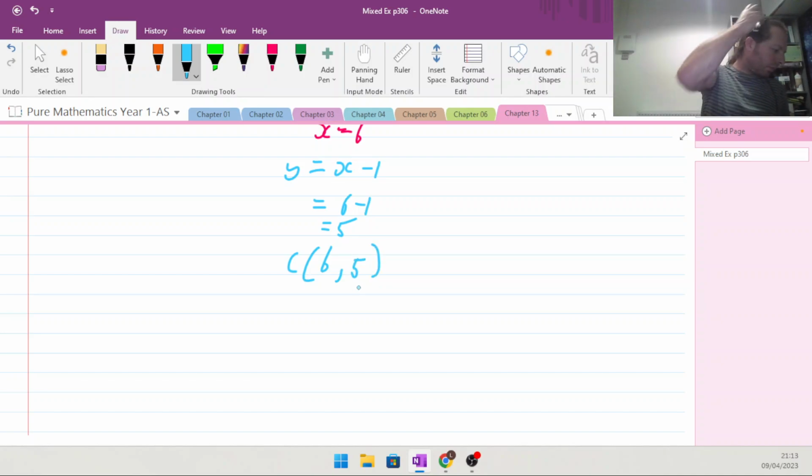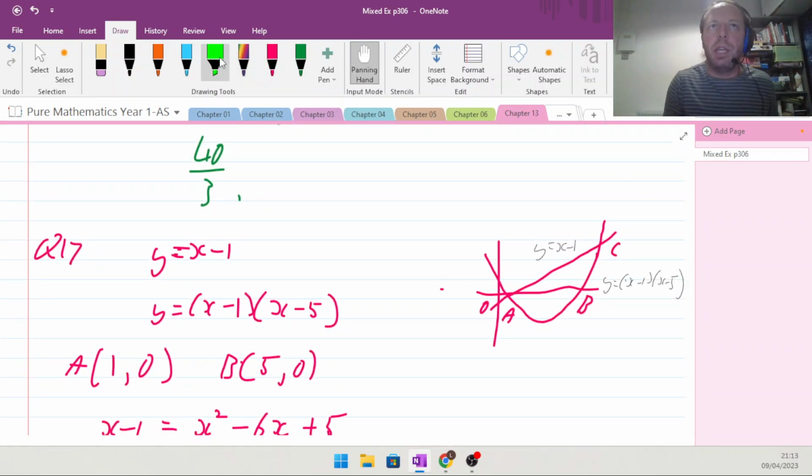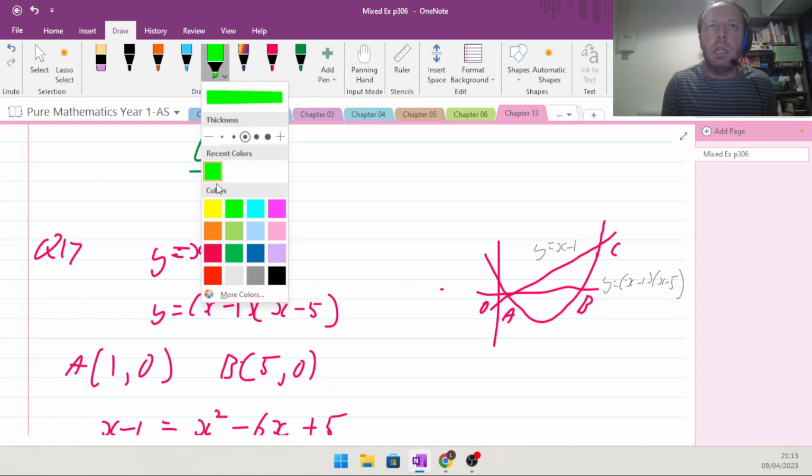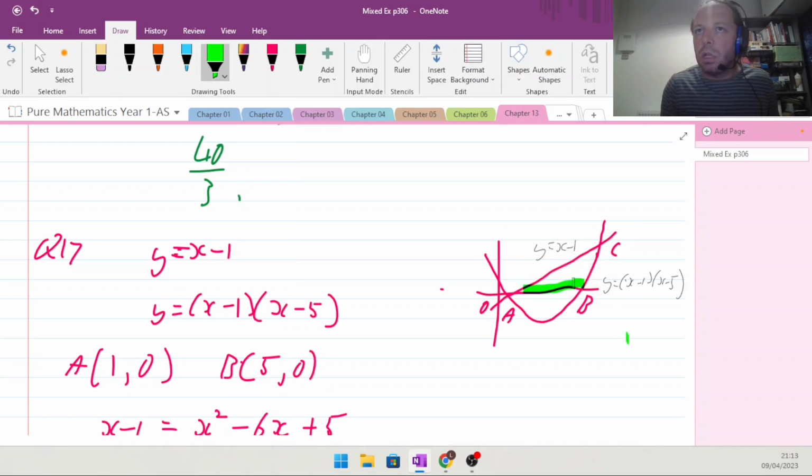Find the area of the shaded region bound by the line and the curve. So the shaded region on this whole thing is this whole bit.